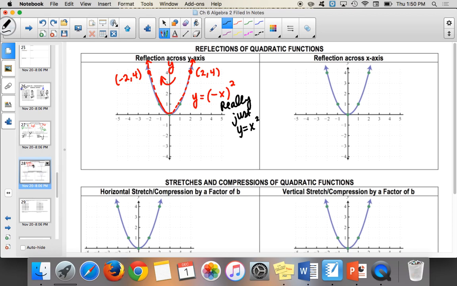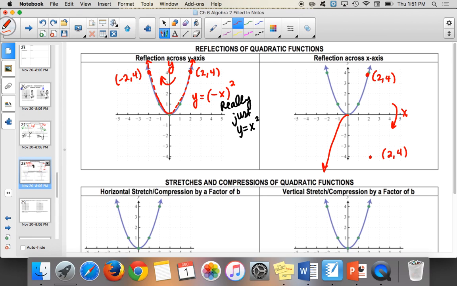So reflecting over the x-axis, what does this do? If I had my point 2, 4 before, and I go over the x-axis, what is the new point? 2, negative 4. Yeah, 2, negative 4. So that one does do something.